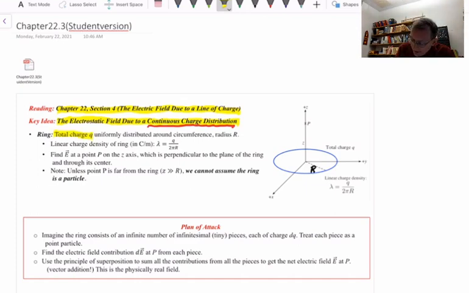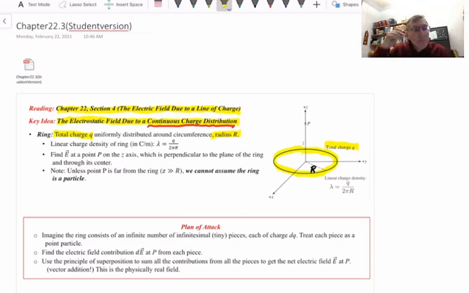And we're going to smear that out, almost like paint, and smear it out evenly, that's important, around the circumference of that ring. Okay? Total charge q smeared out evenly around the circumference of that ring. Again, the ring has some radius, big R. And we're going to want to find the electric field created by this charge distribution.